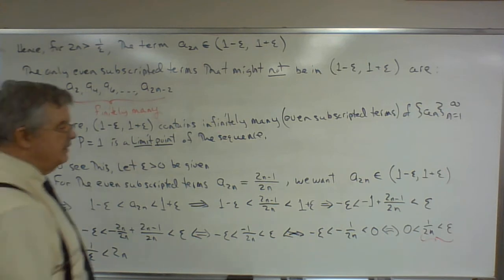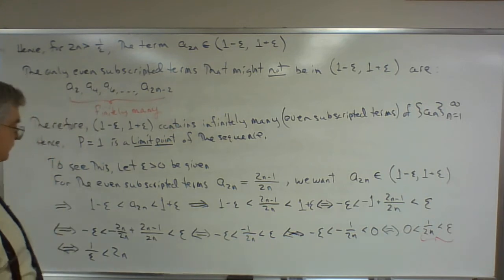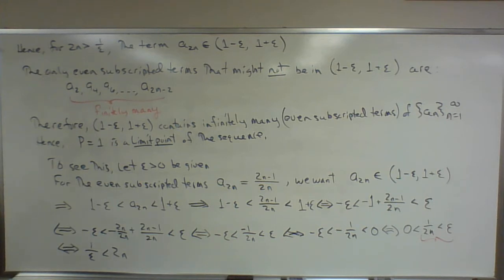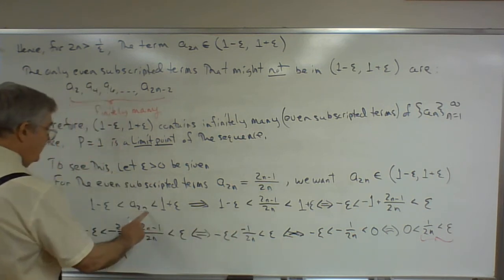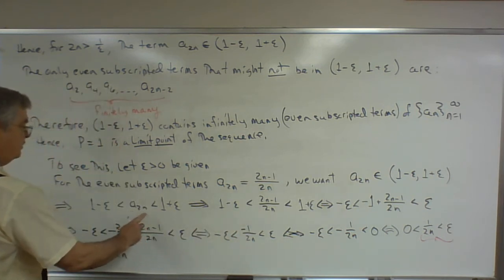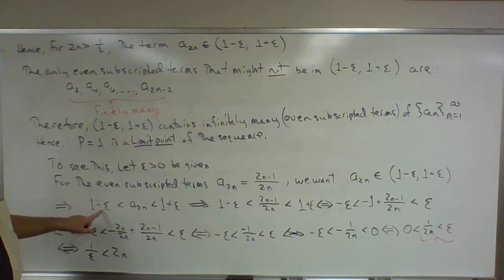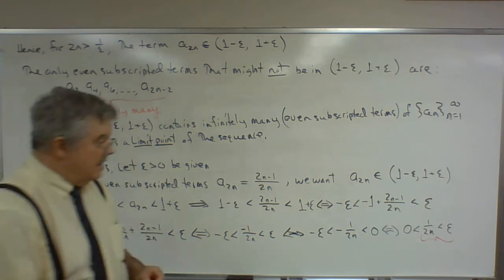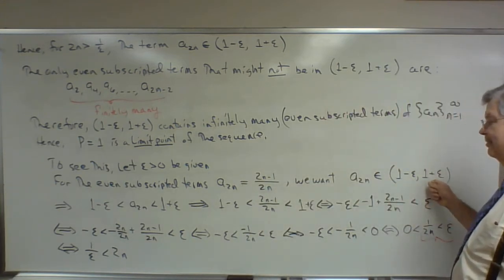And then I can take this inequality and add 1 to all three sides and get this inequality. And then I can just replace 2n minus 1 over 2n with its generic representation, a sub 2n. And that's the same thing as saying this term, contained between 1 minus epsilon and 1 plus epsilon, is the same as this term being contained in the interval with endpoints 1 minus epsilon, 1 plus epsilon.